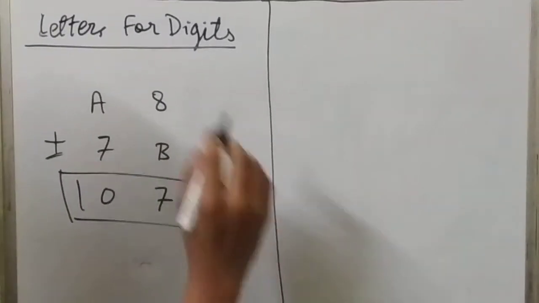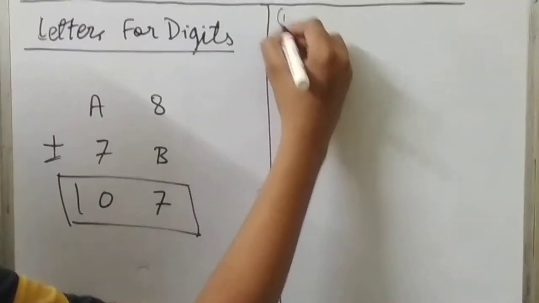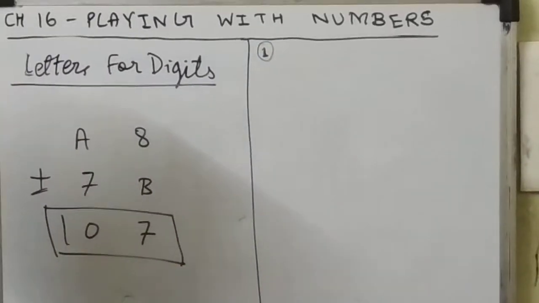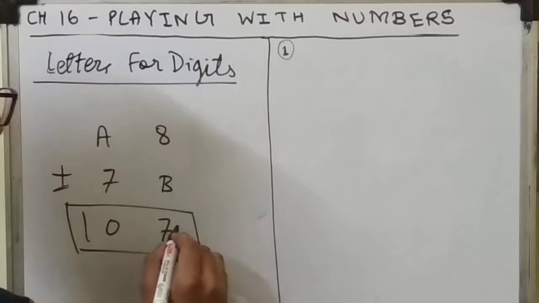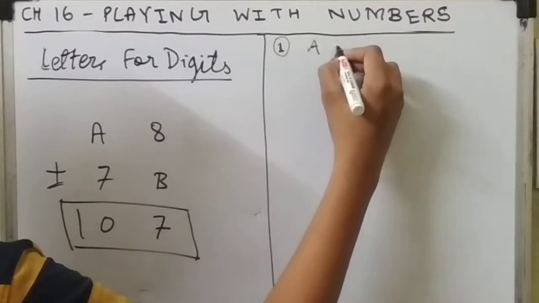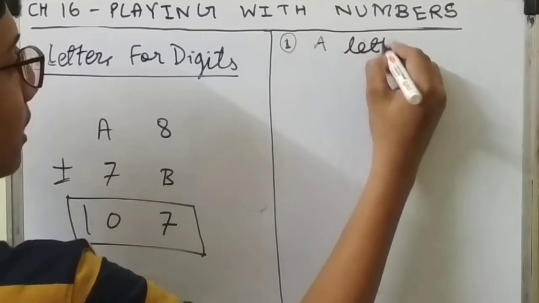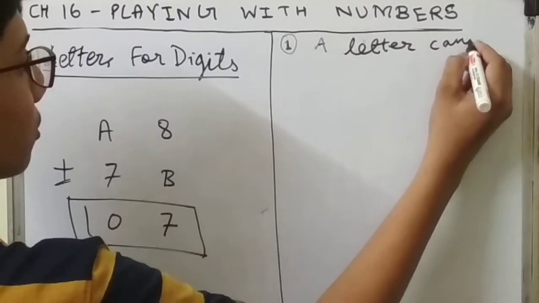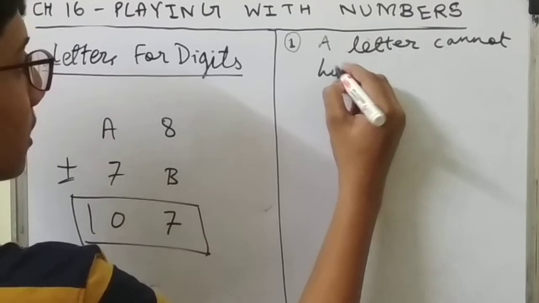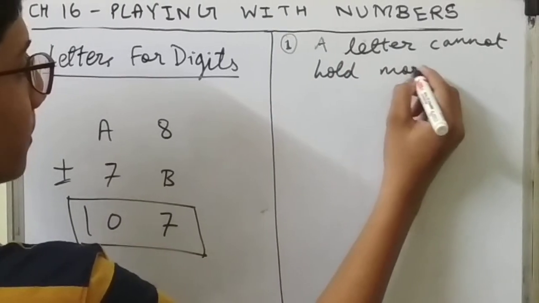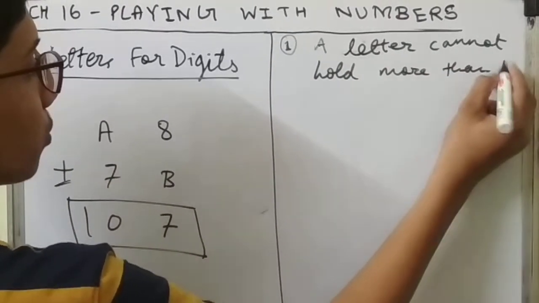Now here, the first rule to solve such a problem is that a letter cannot hold more than one digit.